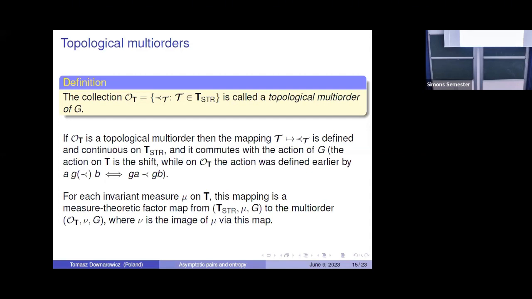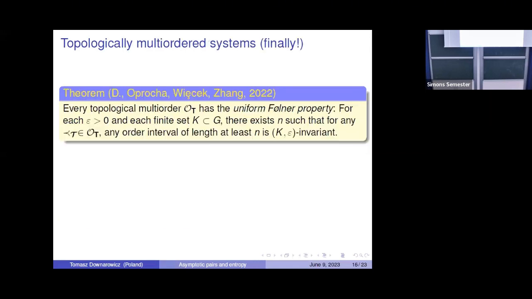So for each invariant measure mu, this mapping is a measure theoretic factor map from this set with the measure mu, which supports the measure, so we can forget about the topological thing, to the multi-order, which is defined as this, where nu is the image of mu. So a topological multi-order is at the same time a family of multi-orders for every invariant measure on the tiling system.